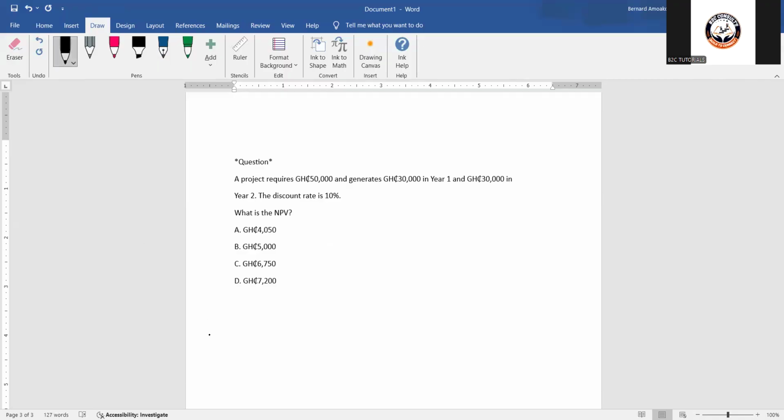When we find the present value for year 1, it would be the 30,000 future value multiplied by 1 over 1 plus r raised to the power n, which gives us 30,000 multiplied by 1 over 1 plus 10% raised to the power year 1.